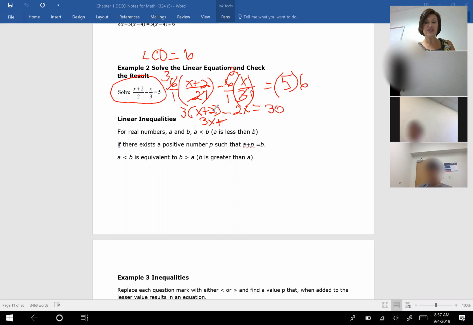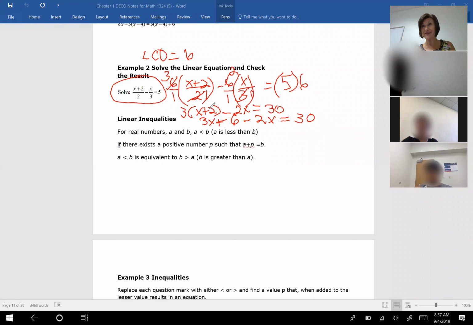And this is actually a 2 in the parentheses. So it's 3 times x plus 3 times 2, which is 6, minus 2x, and that's equal to 30, right? Yeah. Okay, yeah, I probably wrote a little sloppy where you couldn't tell what it was. So we've distributed now by multiplying everything in the first parentheses by the 3.